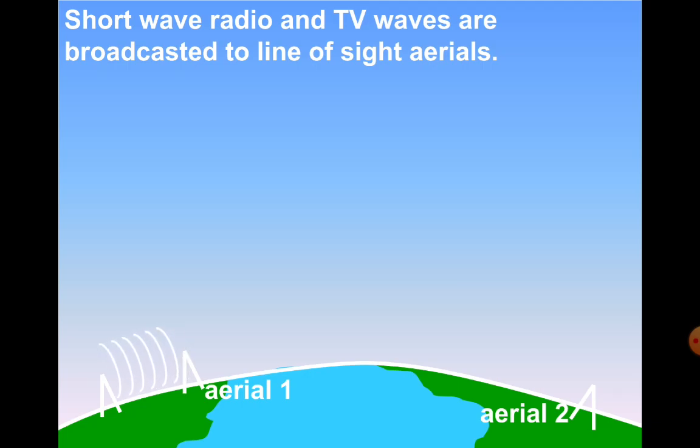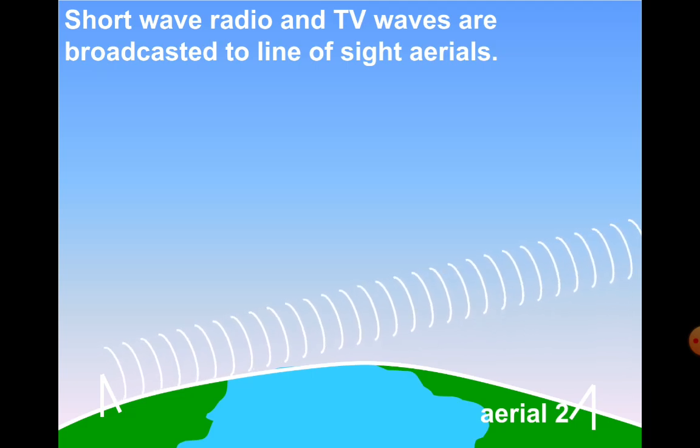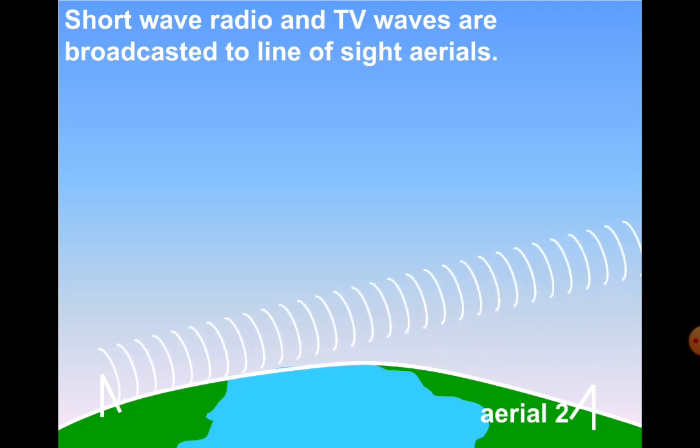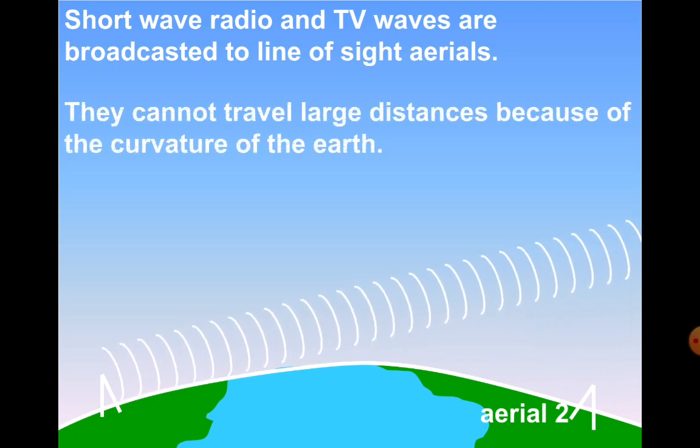Also, over a long distance the waves spread out and they lose their energy. So the waves go straight through and we cannot receive any signal in area 2.